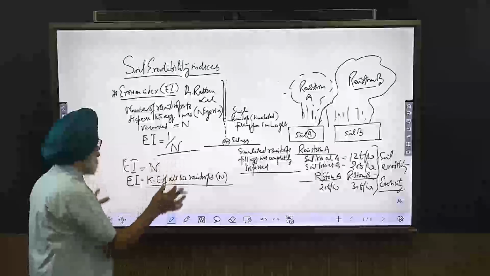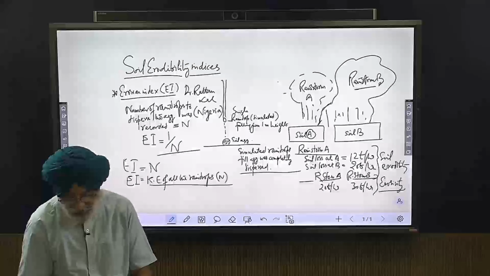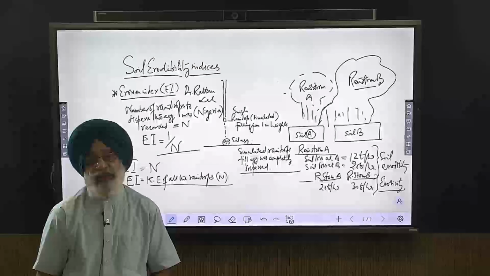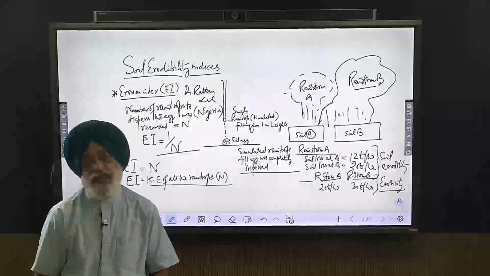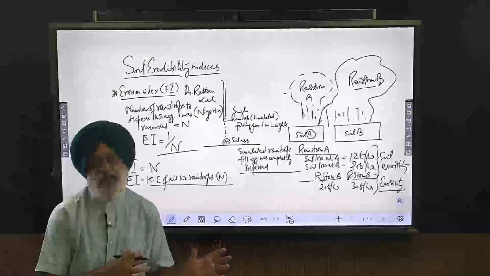So, this is how these erodibility indices are being used by different people working in this area. And yes, many more indices are there, but these are the most commonly used.